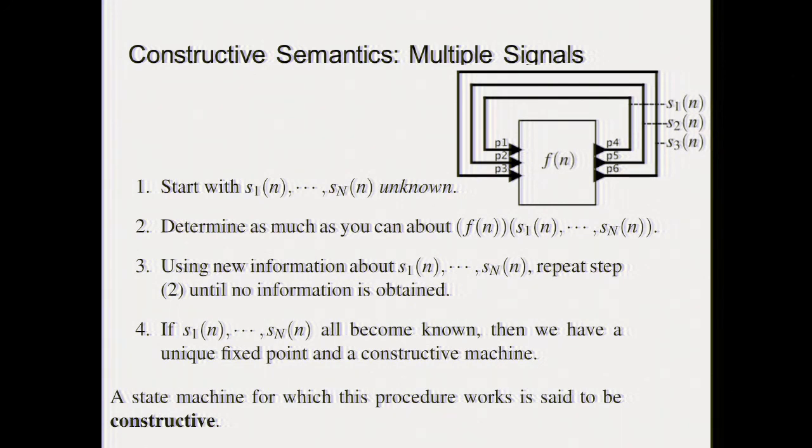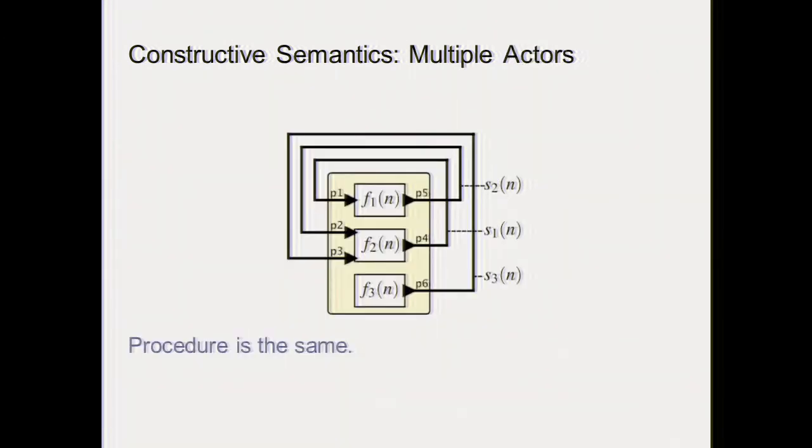The constructive procedure is that you start with all unknown, and then you eliminate as many unknowns as you can, and then you iterate until eventually you either eliminate all unknowns or not. If you eliminate all unknowns, the machine is constructive, you found the fixed point. If not, it's not constructive, and it may or may not have a fixed point.